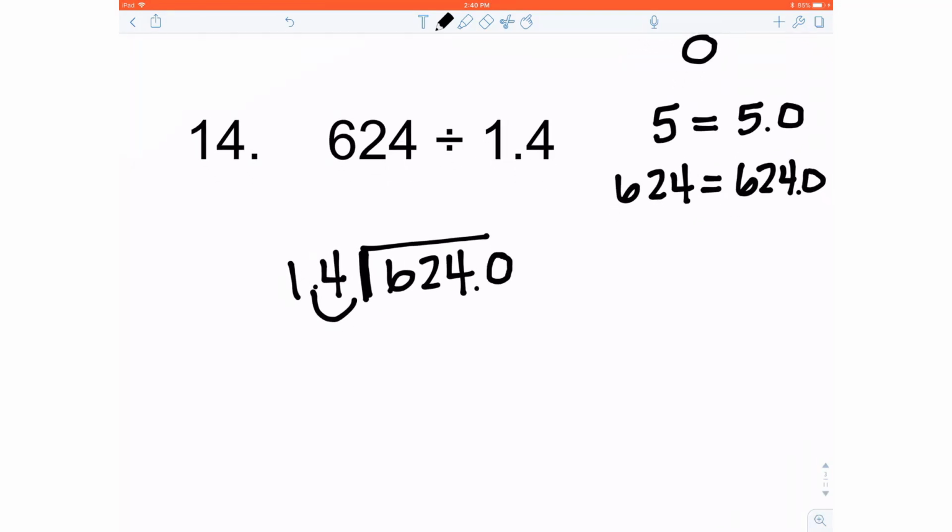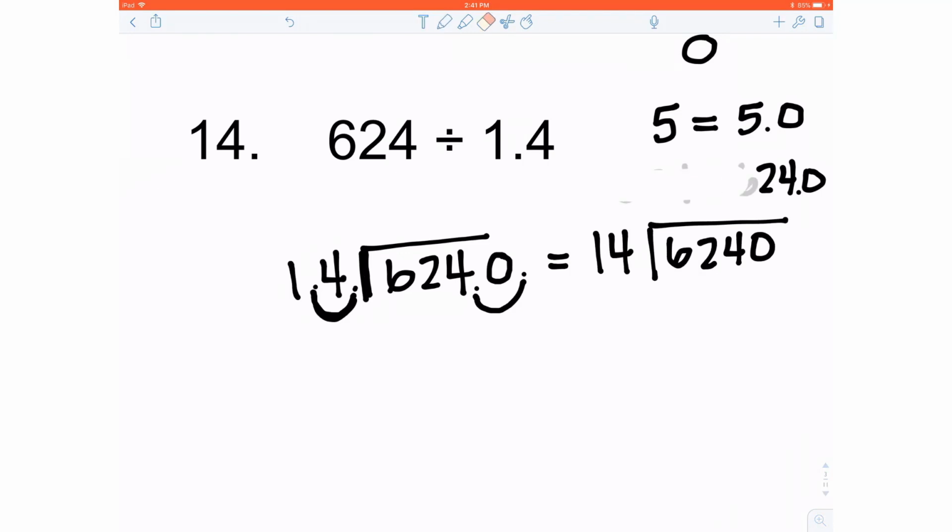So if we do this, whatever we do to the outside, we're going to do to the inside as well. Which means this can be rewritten as, now it's 14, because we got rid of that decimal point. It's here at the end now. And that goes into 6240, because we moved that decimal point to be behind the 0. Okay? I hope that makes sense.